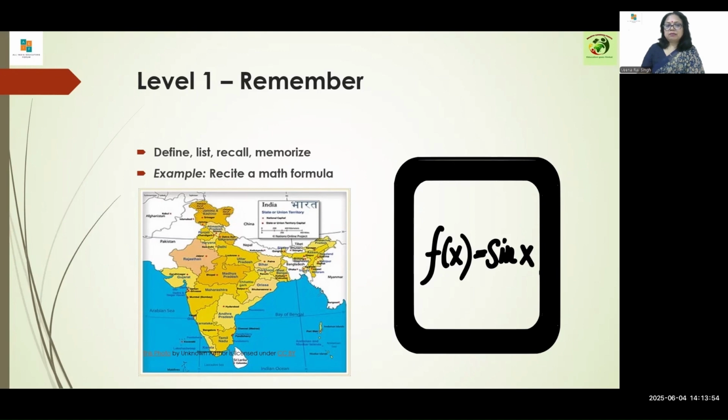It can be through questions like define, list, recall, or memorize. Some examples which have been quoted here are a science formula, or in social science, learning the names of the states and the capitals.